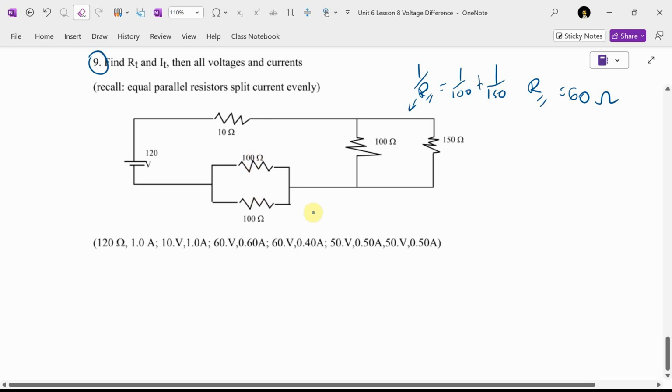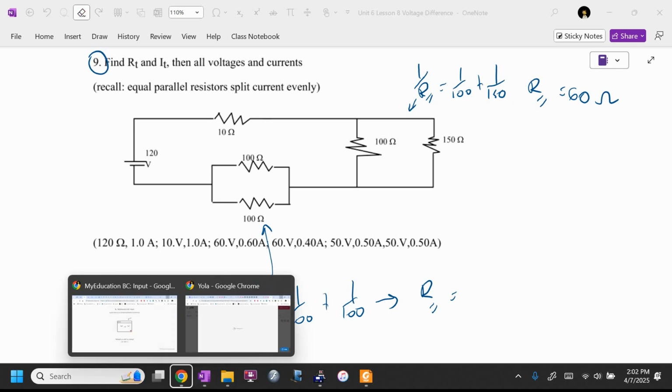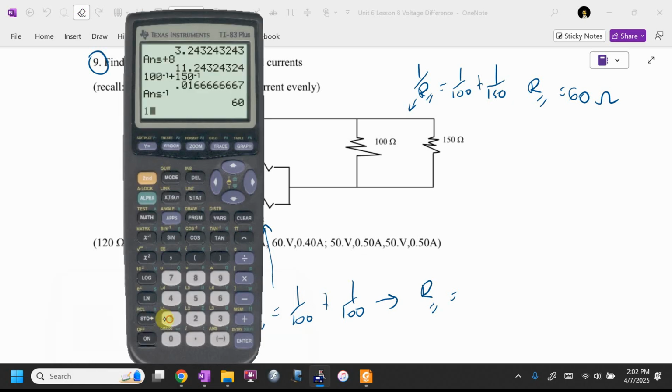These two I can also combine. It's going to be 1 over R parallel is 1 over 100 plus 1 over 100. I think it's going to be 50, I'm pretty sure. 100 reciprocal plus 100 reciprocal equals reciprocal. Yes.